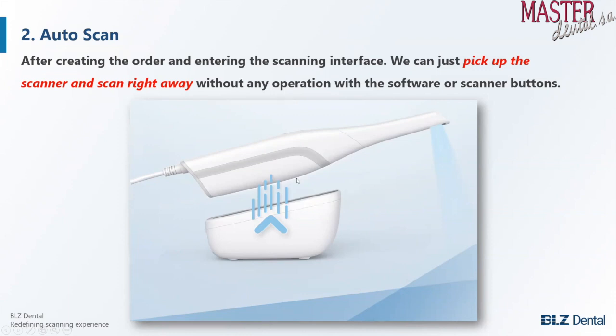You can just enter the scanning page after you create the order and just start the scan. And this can help you to reduce some working process like using your mouse to click the software page or to click the scanner button.